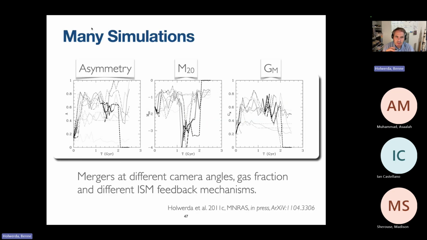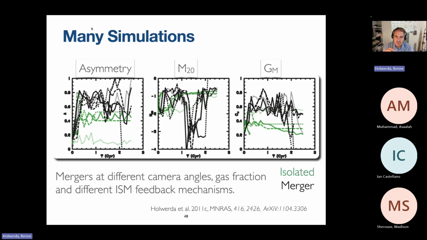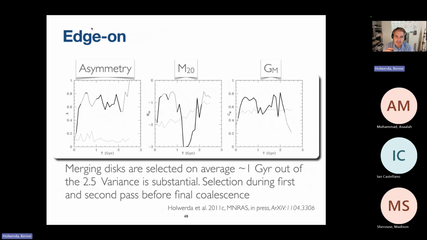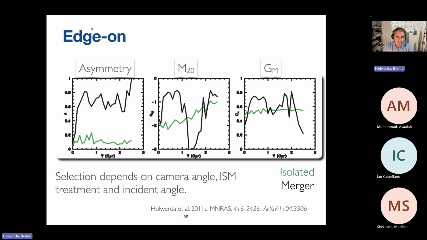So if I can use asymmetry or M20, for example, I can say this is when I've identified it as a merger. Out of the 2.5, 3 gigayears of an interaction, about a third of the time it's visible. So the selection is much more reliable because I see the merger happening with morphology much longer. Does that make sense?